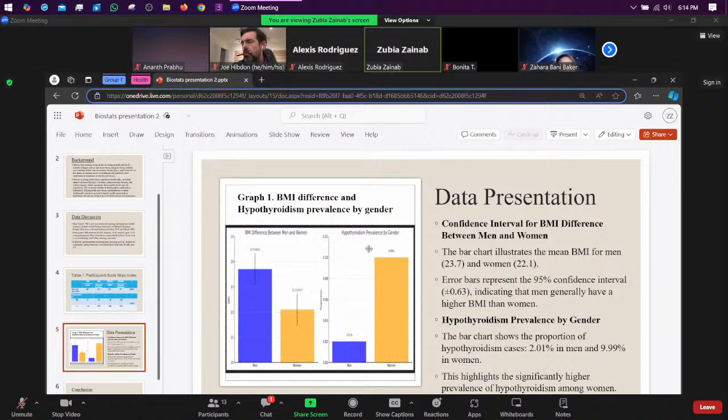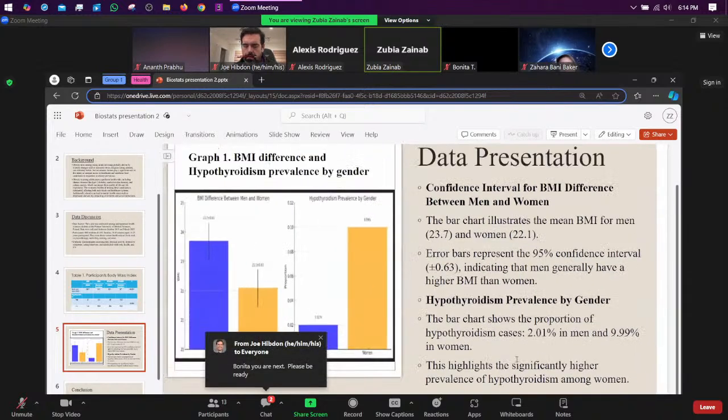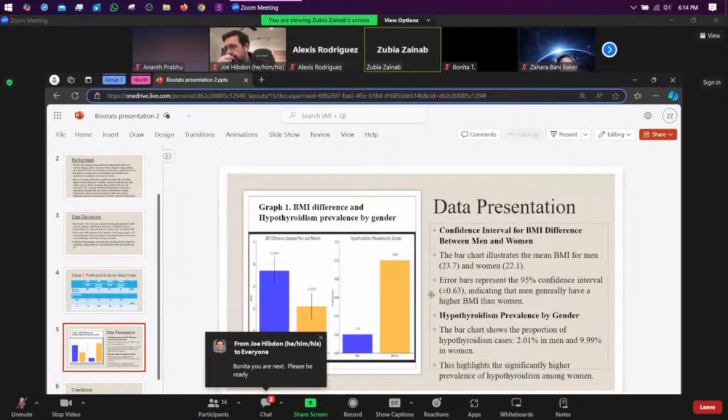As for the hypothyroidism, the plot you can see here is also giving a difference in proportion for men and women. When compared to men, women are more affected by hypothyroidism.